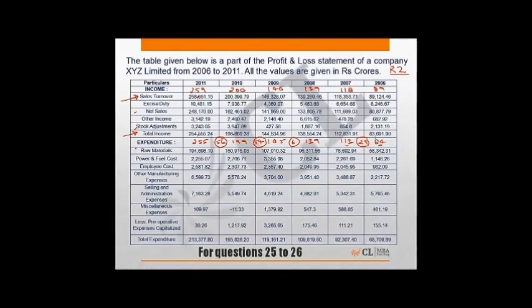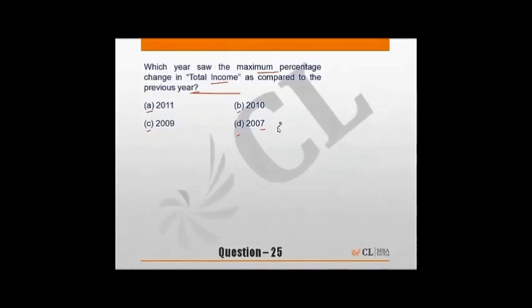So let's write down this for each of these. This is 29 by 84. 2009 is 6 upon 139. 2010 was 54 upon 145. And 2011 is 56 upon 199. And we are looking for the maximum percentage change.